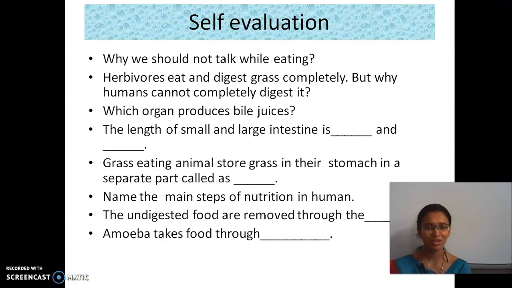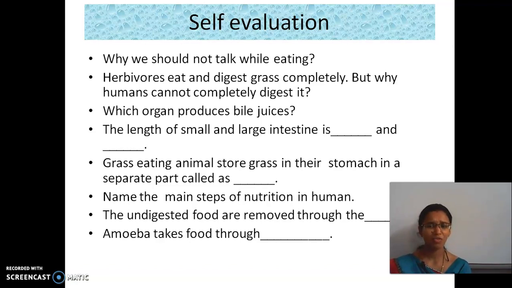Good. Herbivores eat and digest grass completely, but why can humans not completely digest it? I taught you just now. Yes, because they have bacteria inside their rumen, but that bacteria is not present in humans. And then which organ produces bile juice? Very easy for you, right? That is the liver.